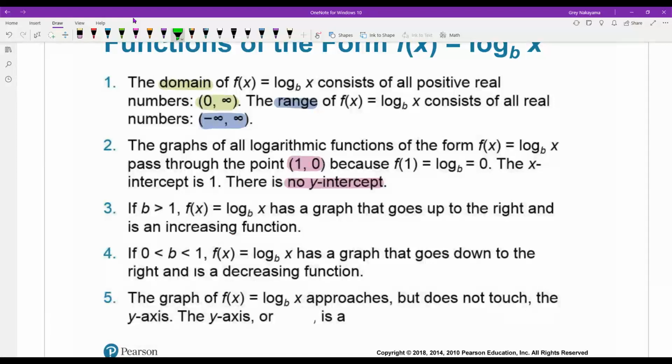Okay, if b is greater than 1, it will be increasing. If b is less than 1, but always greater than 0, it will be decreasing. On the exponential function, the x-axis, or y equals 0, was our asymptote. Now we're going to have the y-axis, or x equals 0, and it will be a vertical asymptote.